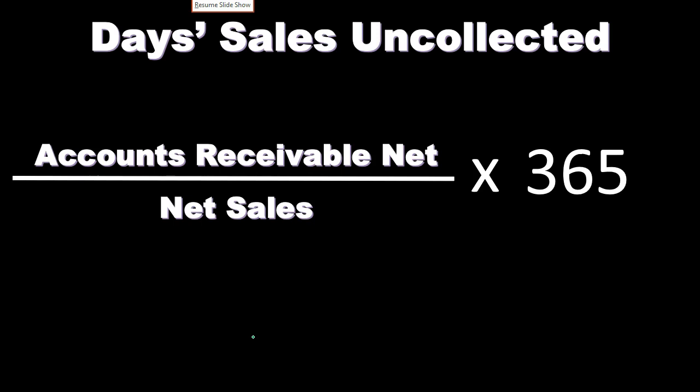So if we make a sale on credit, do we expect to be paid within 30 days, 60 days, or what's going to be the standard? And then we can compare the days sales uncollected to those credit terms, and that'll give us a better idea as to whether it's a good or bad number. But mostly, generally, we want to get paid earlier rather than later because of the time value of money.